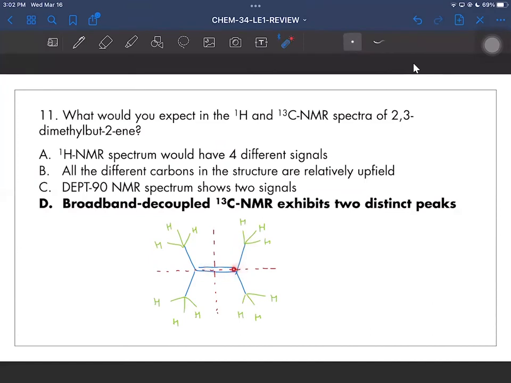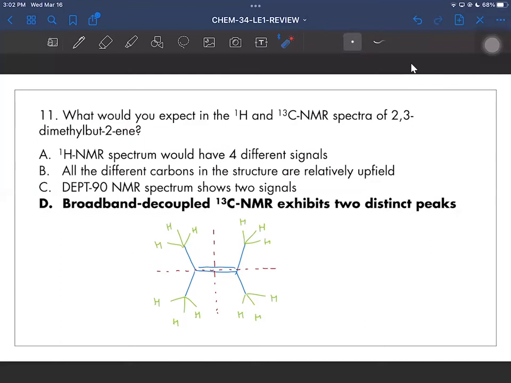So sp2 is again relatively downfield. We see that above 100 ppm. Meanwhile, our methyls are below 100 ppm. So we cannot group them together as relatively upfield. Therefore, letter B is also false.